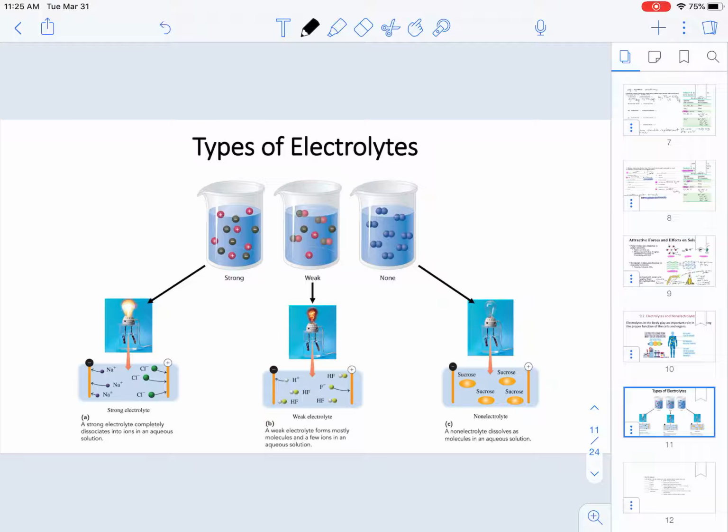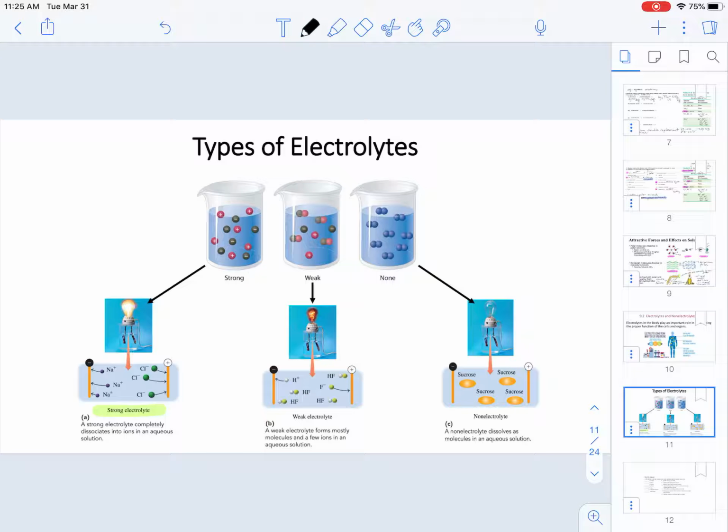When it comes to electrolytes, we have 3 different types. The first one is going to be a strong electrolyte. As you can see, a strong electrolyte is going to completely dissociate into ions in an aqueous solution.